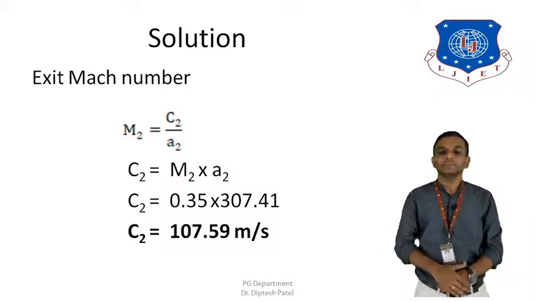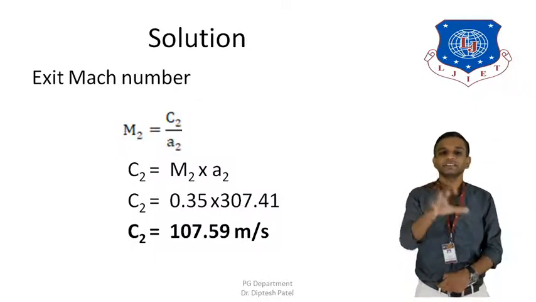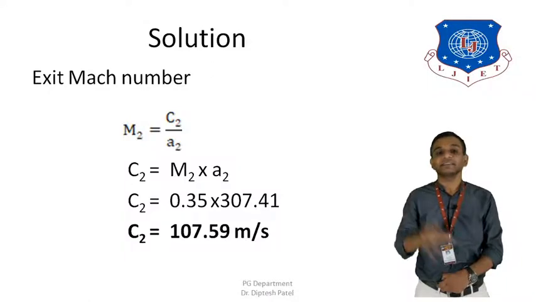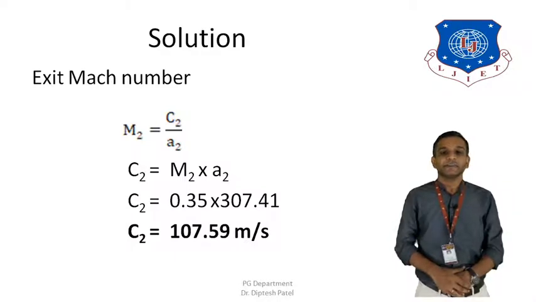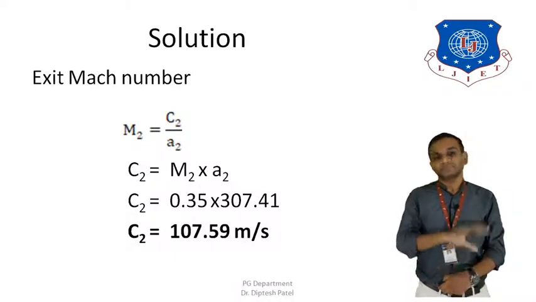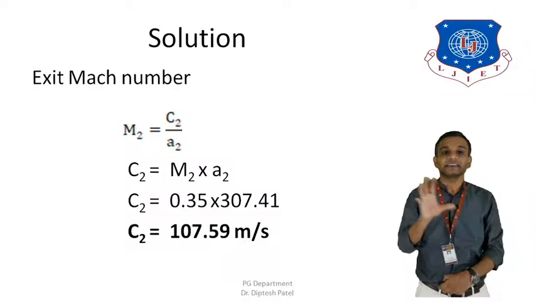We have M2 0.35, and A2 we just calculated in the previous slide, 307.41. Putting in these values, the velocity would be 107.59 meter per second. So this is our last finding, which is the exit velocity at section 2, that is C2.